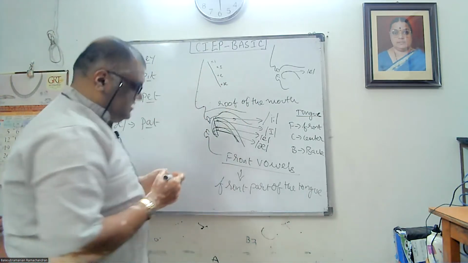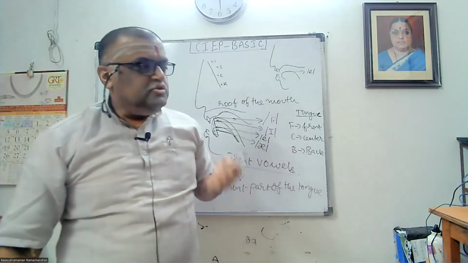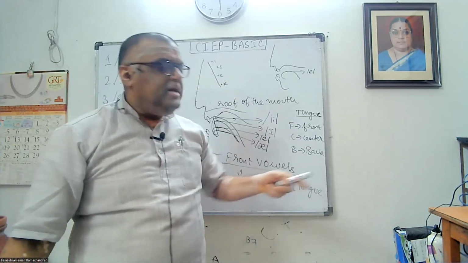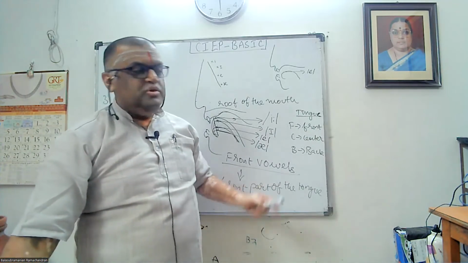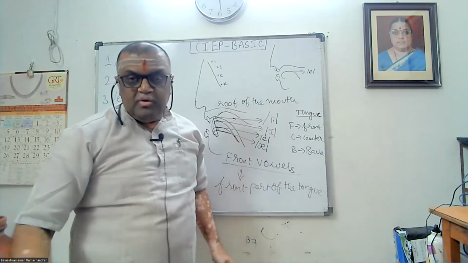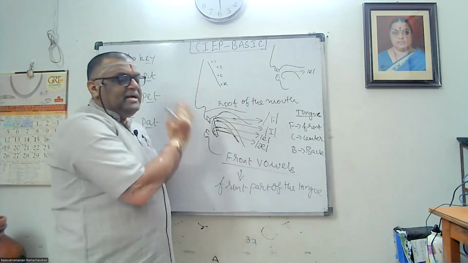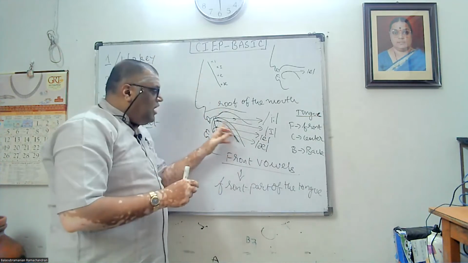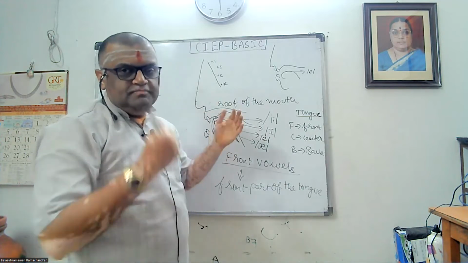Now remember this before we go on to the next set of sounds. Before that, let us quickly look at the video again so that you are clear about what we are dealing with here. We are looking at the height that the tongue attains, or what happens to the tongue when we produce the vowel sounds.